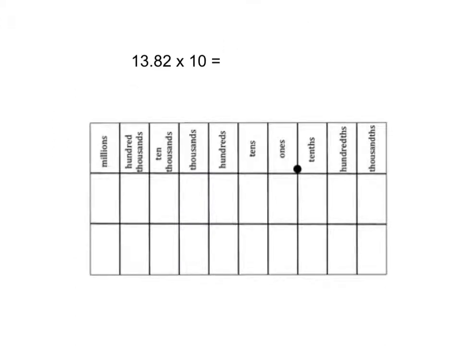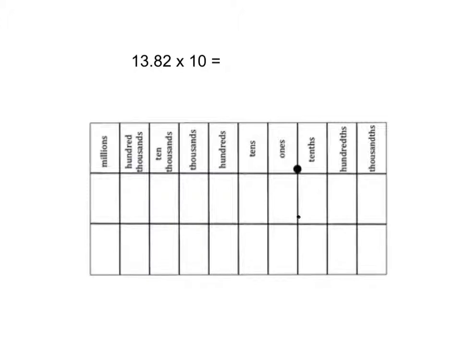Here we're asked to solve 13.82, or 13 and 82 hundredths, times 10. And we're going to end up using a place value chart here to solve this problem. First off, we're going to go ahead and place 13.82, or 13 and 82 hundredths, into the place value chart.